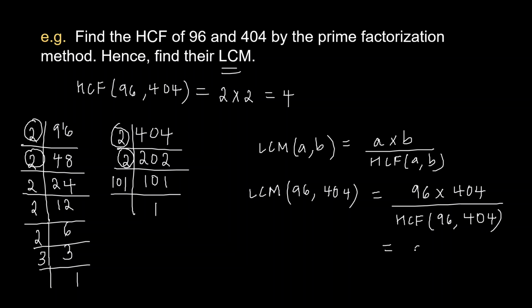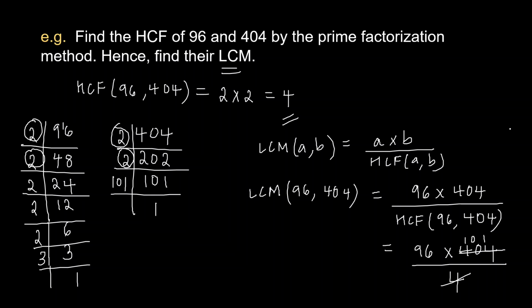So this is equal to 96 into 404 upon, we have just found the HCF of 96 and 404, that is 4. So divide by 4. So we'll cut this. 4 ones are 4, 4 ones are 4, 0 and 4 ones are 4.